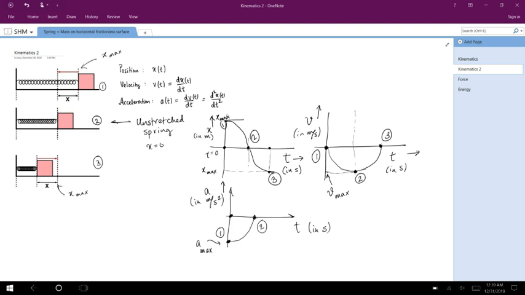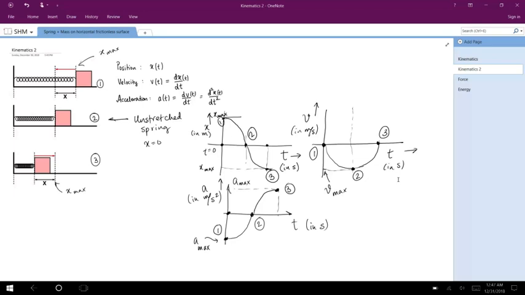And as time goes on after that, the acceleration starts increasing in the positive direction until position number 3 is reached. And at that point, again, the acceleration of the block is a maximum, but this time it is a maximum in the positive direction.